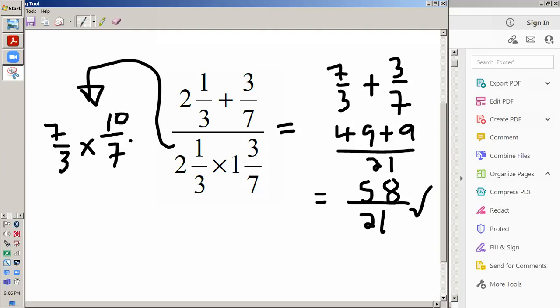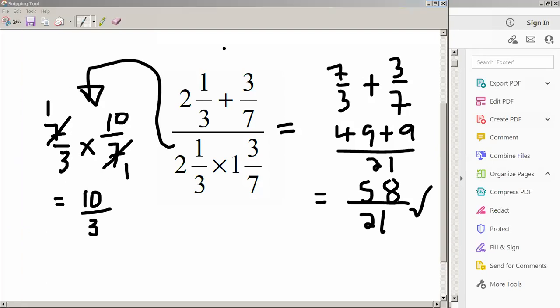So now we're going to cancel out the 7 out of 7, and 3 into 10 cannot be cancelled. There we go. All right, thank you, sir. Awesome.